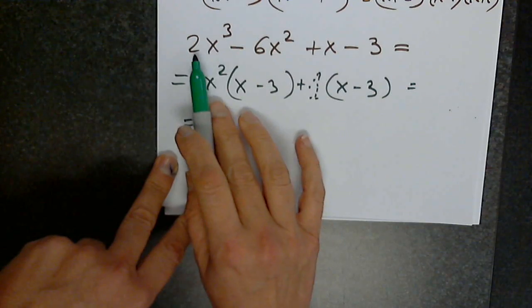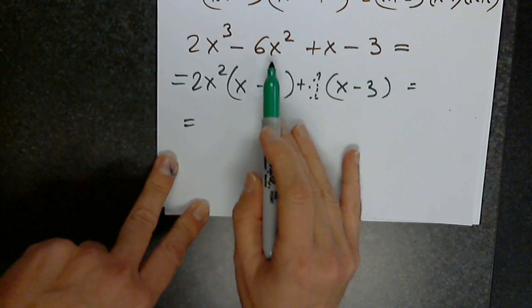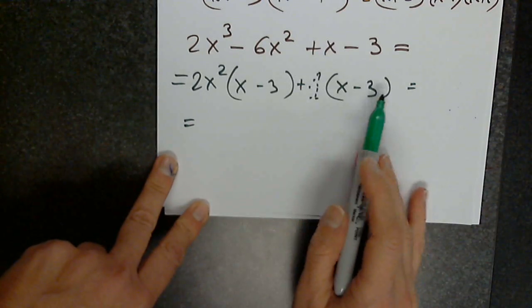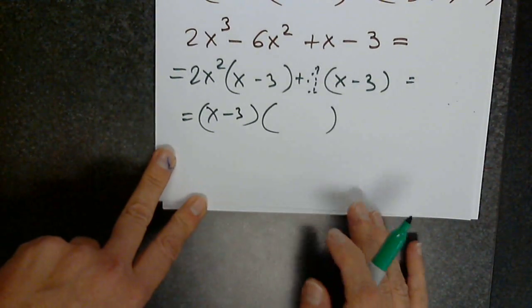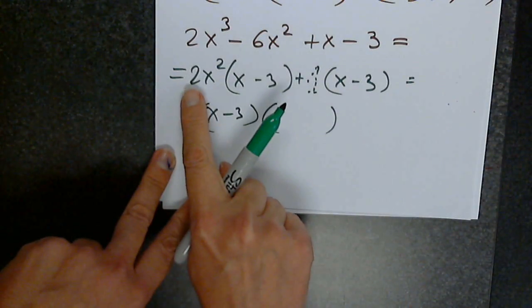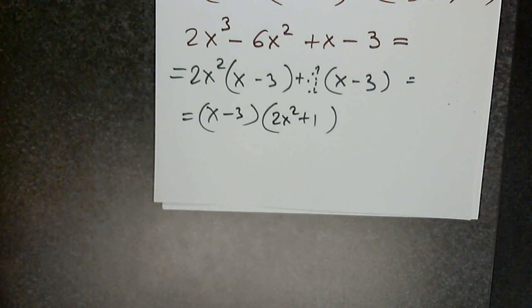So 2x squared times x is 2x cubed. I'll rather check. 2x squared times negative 3 is negative 6x. So then x minus 3 is the common factor. What is left in parentheses? 2x squared plus 1. Good.